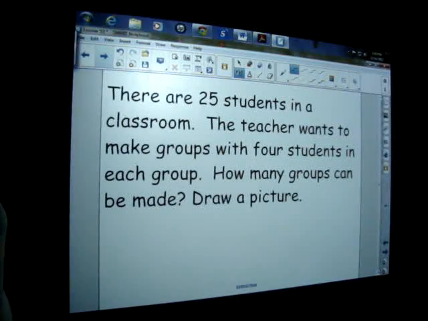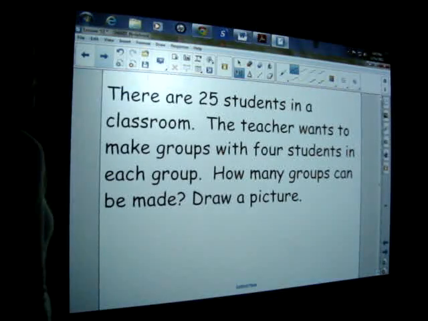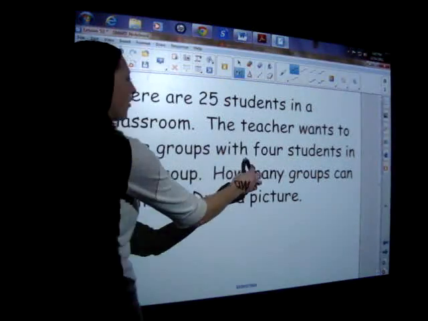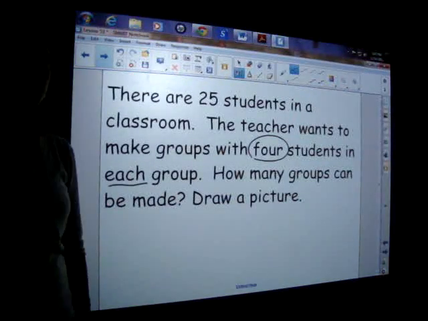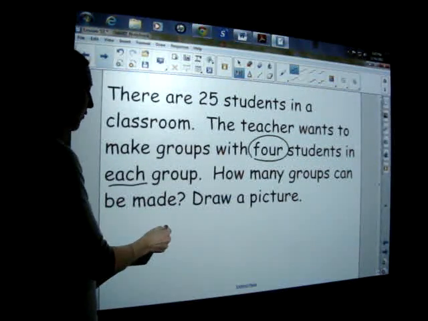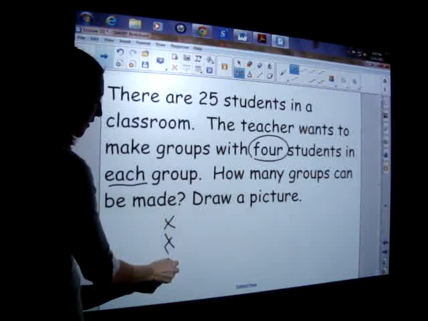Let's try this next one. There are 25 students in a classroom. The teacher wants to make groups with 4 in each group. How many groups can be made? Draw a picture. So I know I have 4 students in each group. So we're going to start by putting 4 students. I'm just going to use X's.